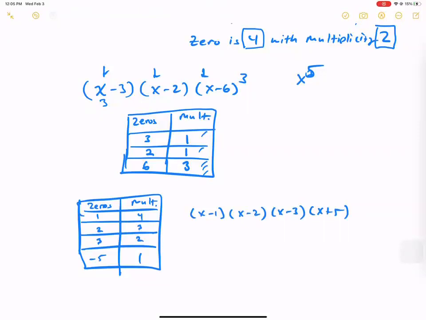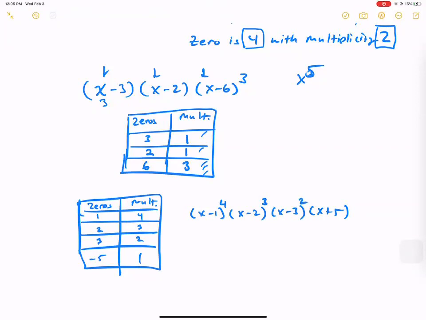Now, here's the next thing I need to say. How many zeros happened at 1? What was the multiplicity? It happened 4 times, so you've got to give me 4 of these. How many zeros happened at 2? 3 of these. How many times did it happen at 3? 2 of these. How many times did it happen at negative 5?